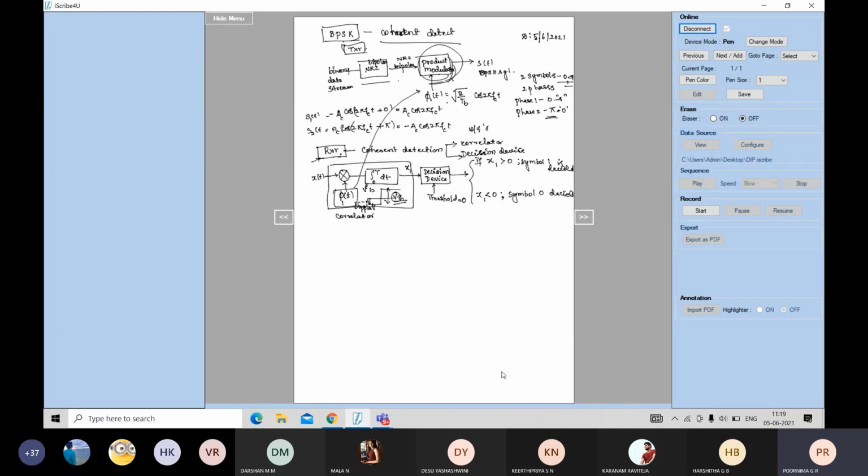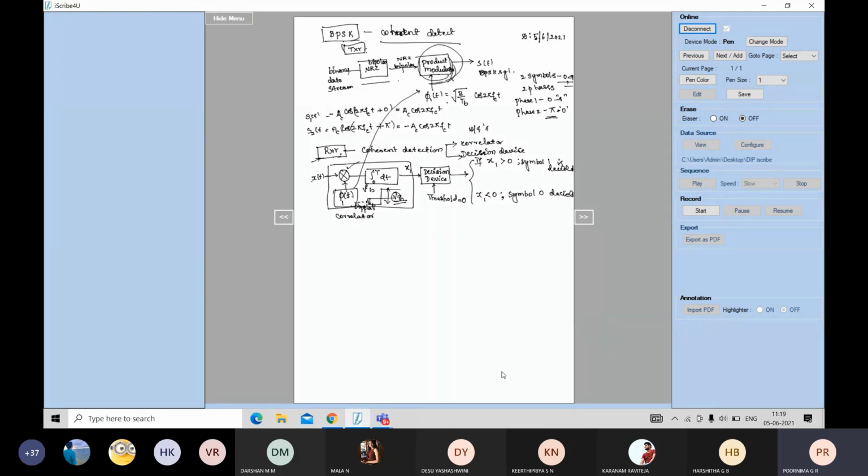Hence, the receiving end consists of a product modulator along with an integrator, which forms the correlator. Now, this correlator correlates the received signal x of t with basis function phi 1 of t on a bit by bit basis. So this x of t changes for each bit.